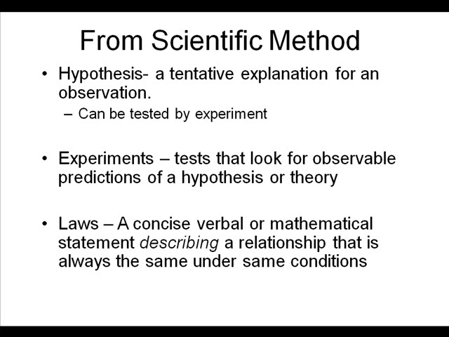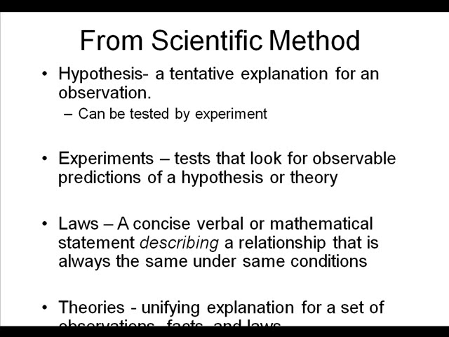And if you look everywhere in the world, you should see these same events happening. Of course, you do. So that's the sequence of events that takes place in the development of these complex models or laws. It eventually leads to a theory, which is a unifying explanation of a set of facts and laws. And of course, from the theories, you can now generate further observations and further discoveries.